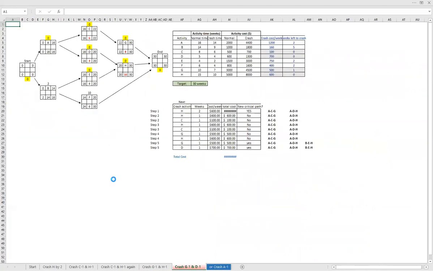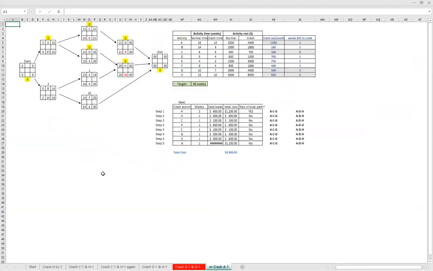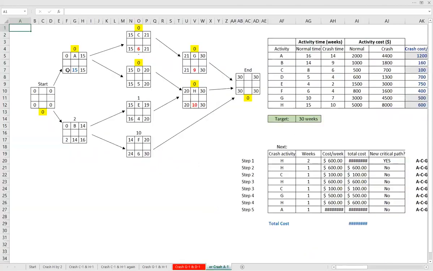So here it is. We can see we actually now got 3 critical paths in the network, but we reach our destination at 30 weeks. So we stop here, and we can see that the minimum total cost is $4,900. If we were going with only crashing A by 1 unit, the critical paths are not changing.